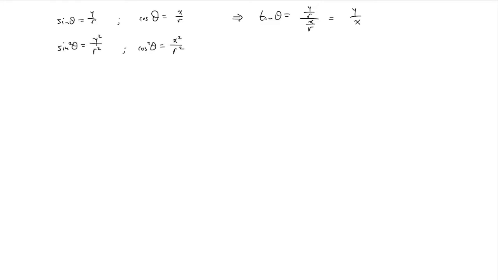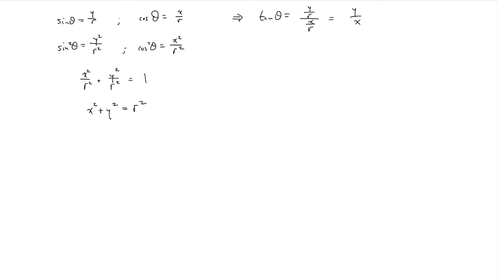It also gives us that sine squared theta is y squared over r squared, and cosine squared theta is x squared over r squared. Adding these two equations together, we get that x squared over r squared plus y squared over r squared is equal to 1, because sine squared theta plus cosine squared theta is equal to 1.